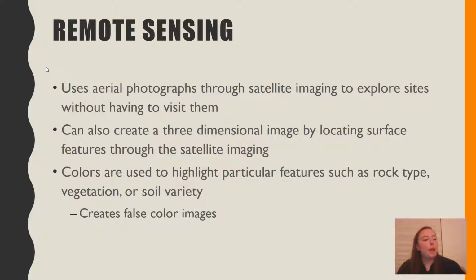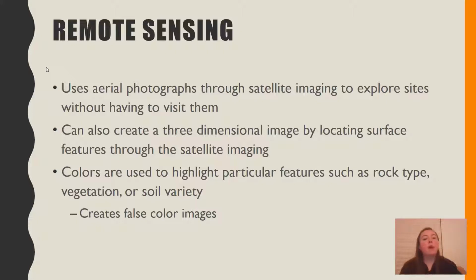And lastly, we have remote sensing. Remote sensing uses aerial photographs to explore target sites without actually having to visit them. And these satellite images can create a three-dimensional image by locating the surface features.